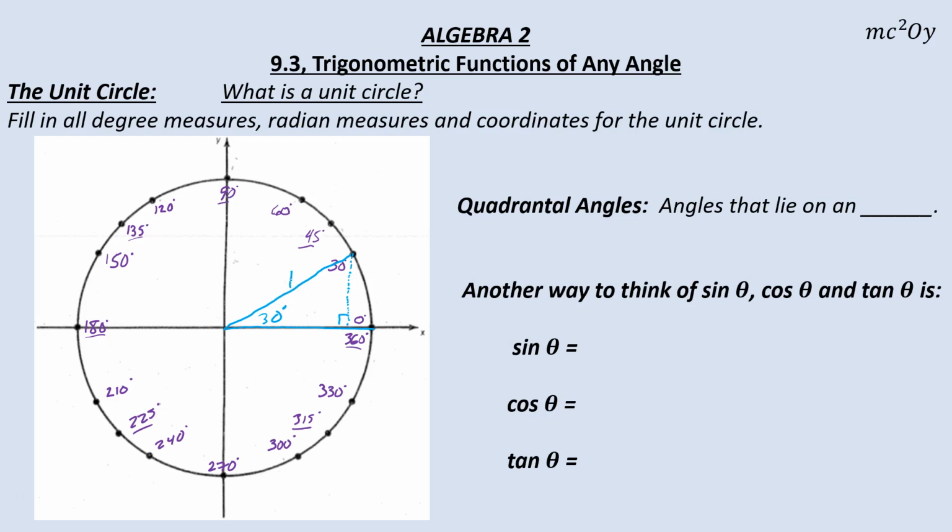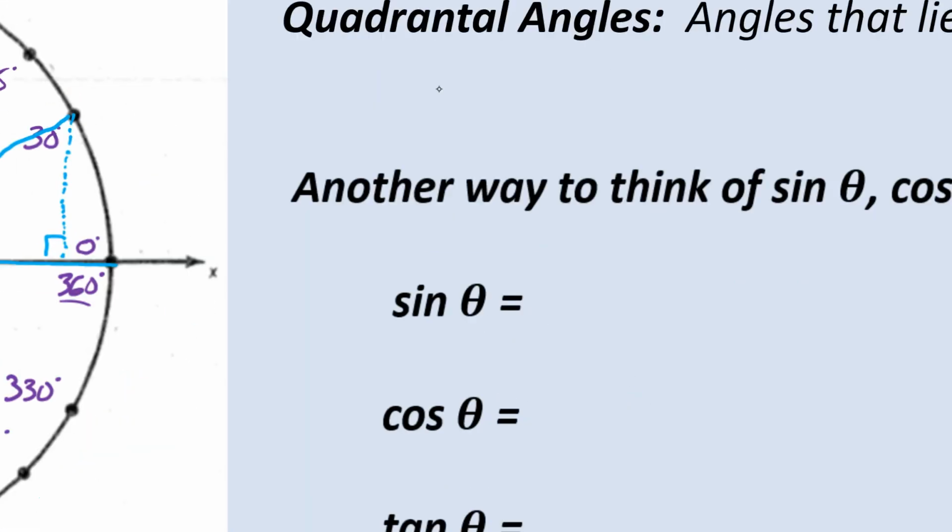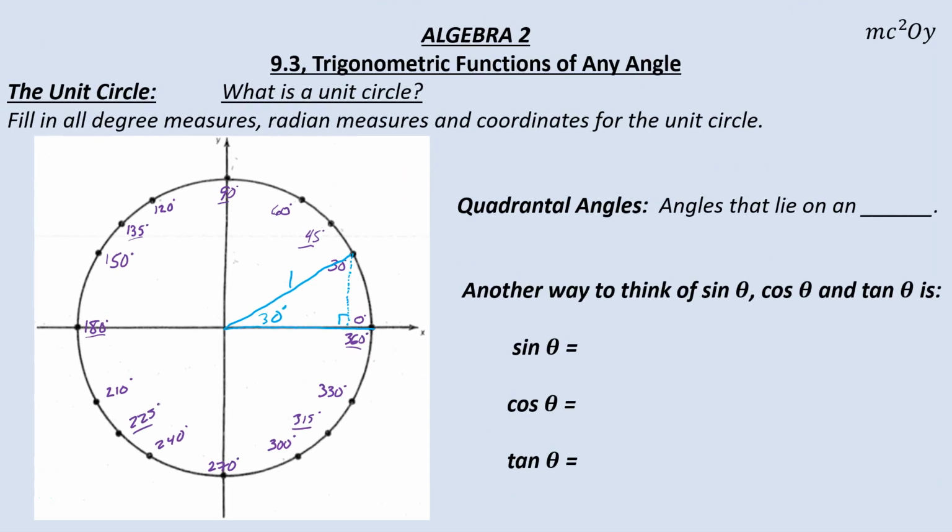So what is a unit circle? A circle centered at the origin, with radius equaling 1.